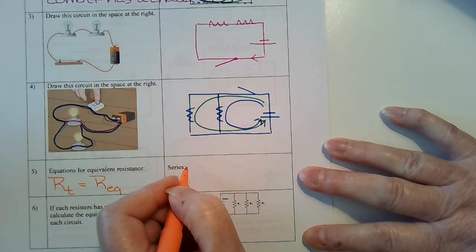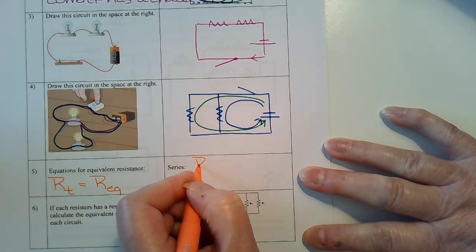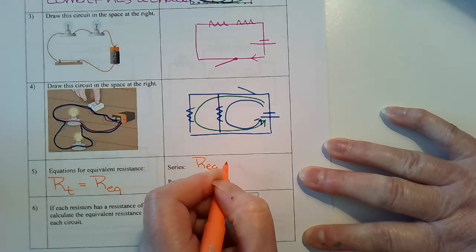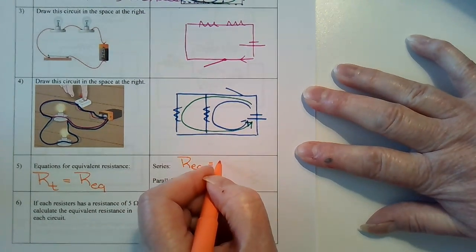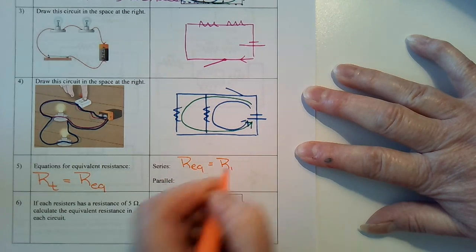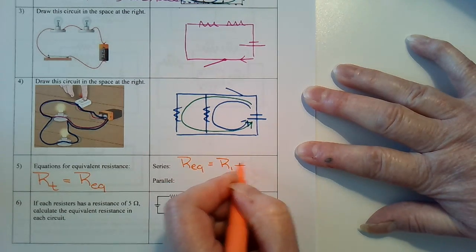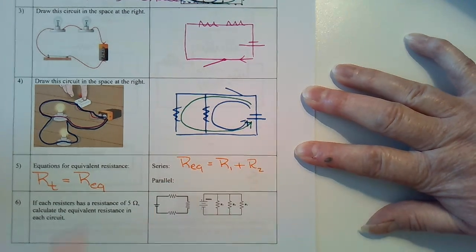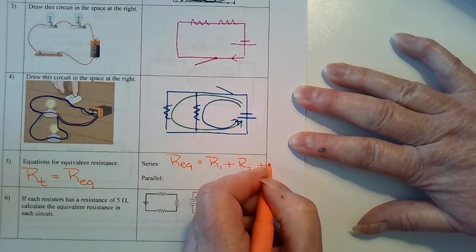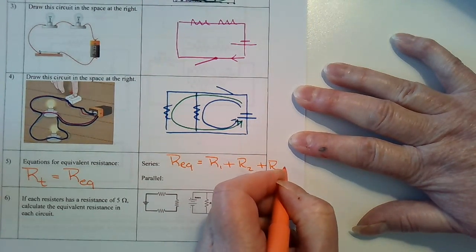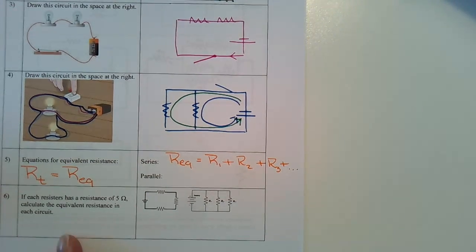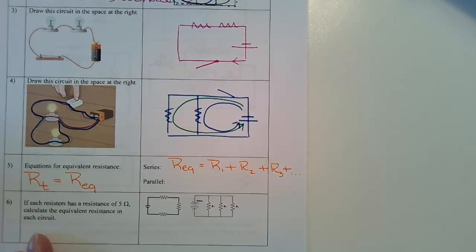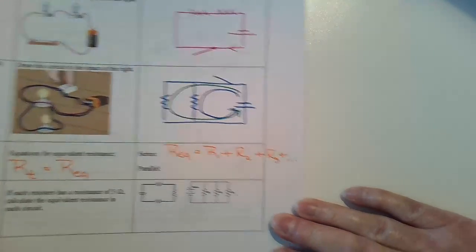So if you have a series circuit, the equivalent resistance truly is the total resistance. So you take the resistance value of your first resistor, you add it to the resistance value of your second resistor, you add it to your third, plus dot, dot, dot. However many you have, you just add them together. So series circuits are pretty easy.